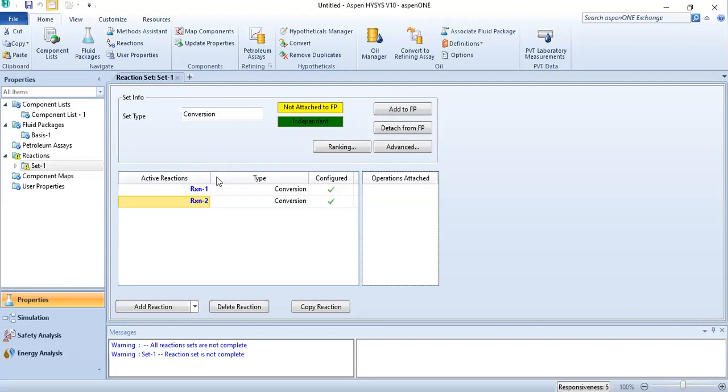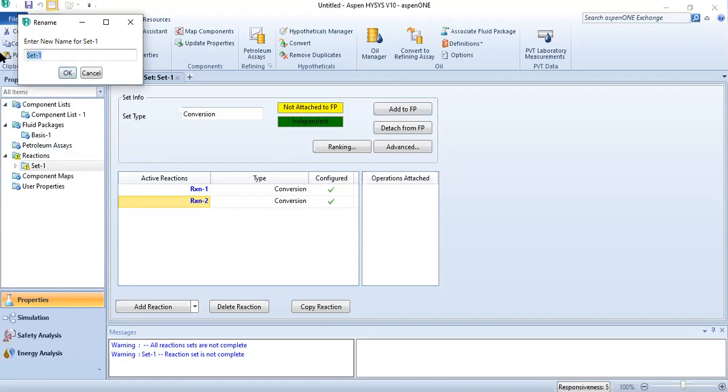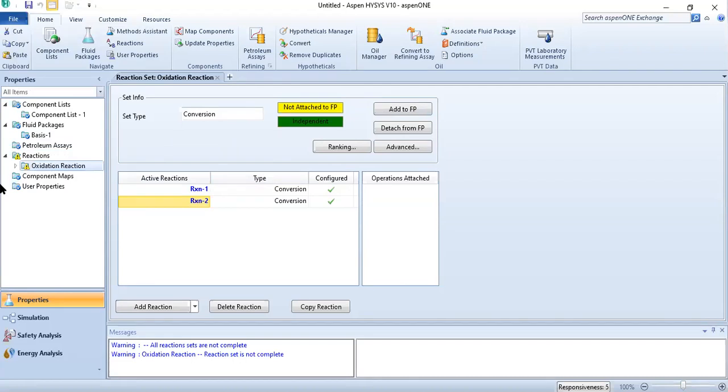As you know that your reaction is oxidation type, even if you do not do this, you will still be able to perform the reactor simulation, but just for practice, you can rename it as the oxidation reaction.